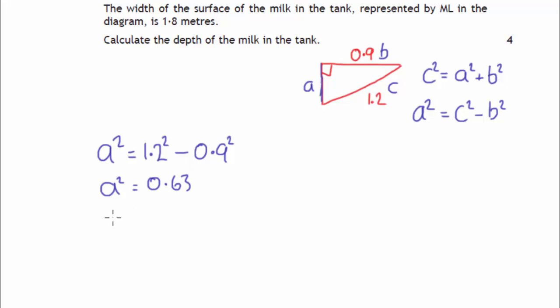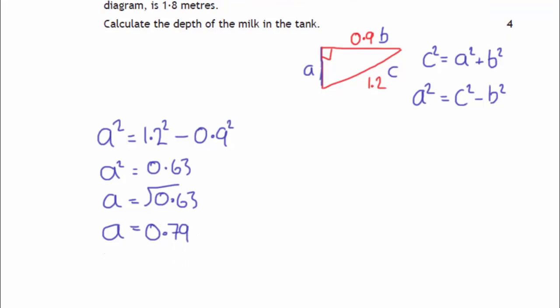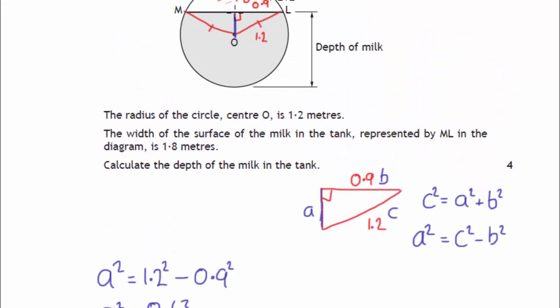Then we take the square root, so A is the square root of 0.63, which gives us A equals 0.79. So we now have that distance.